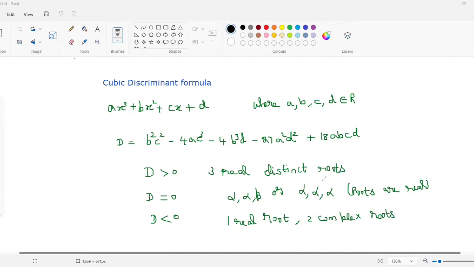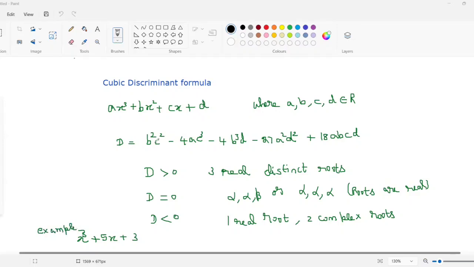We will see the usage of this formula in many questions in forthcoming videos. For instance, I'm just showing you an example, x cube plus 5x plus 3. In this cubic polynomial, you notice the x square term is missing, so the value of b is 0.